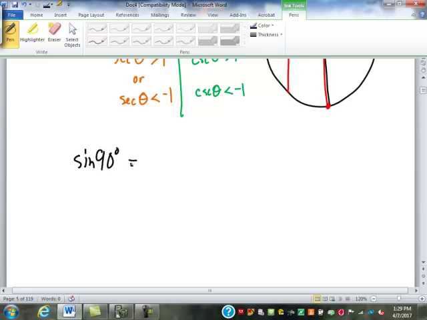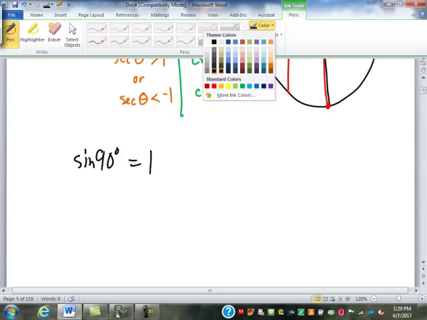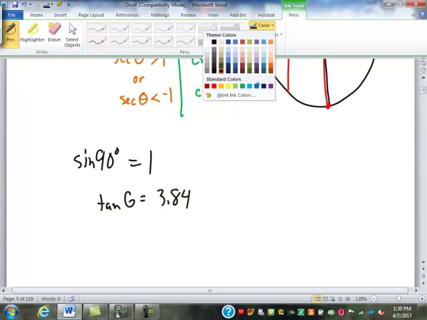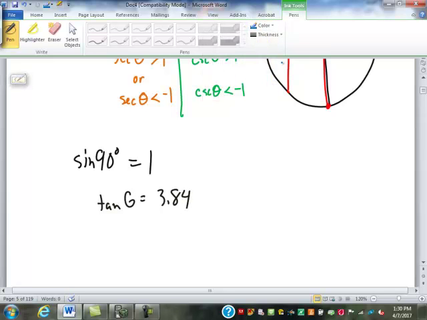Type in the sine of 90 degrees. What do you get? 1. If I tell you that the tangent of angle G equals 3.84, that tells us that G is, what's that?